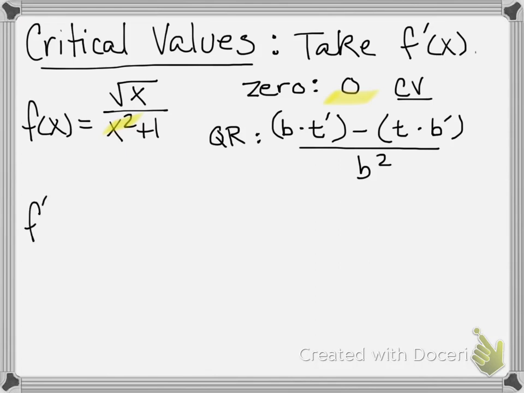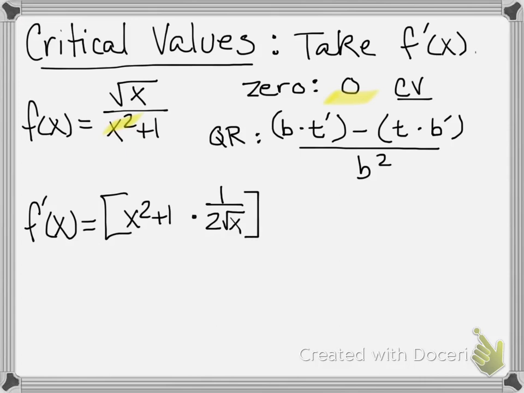So we have our f prime of x being equal to the bottom, x squared plus 1, times the derivative of the top, and so the square root of x is going to give us 1 over 2 square root of x, minus the top, square root of x, times the derivative of the bottom, which is just 2x.